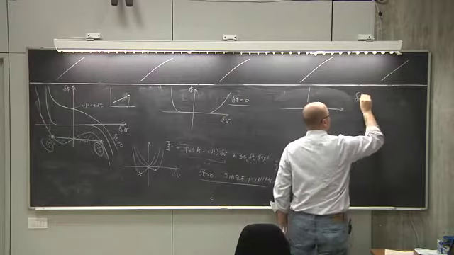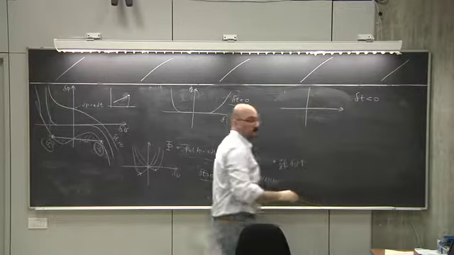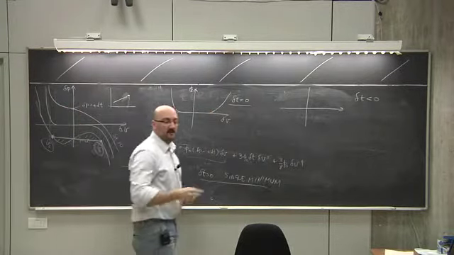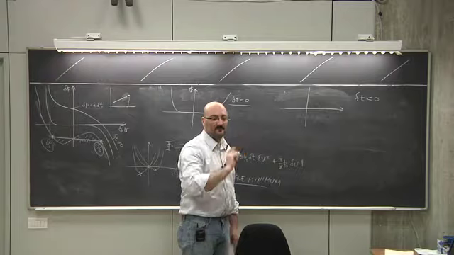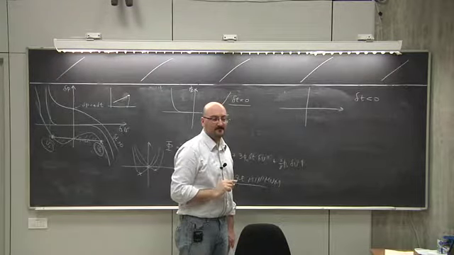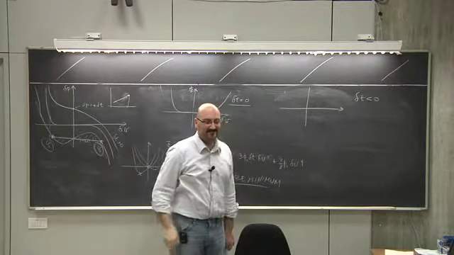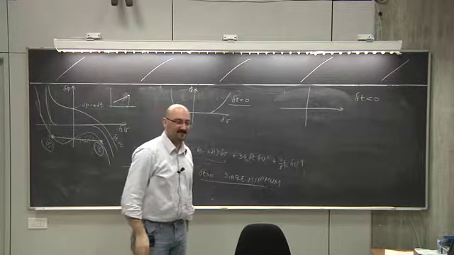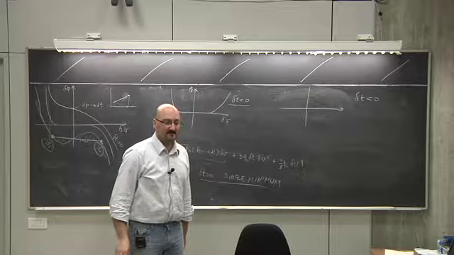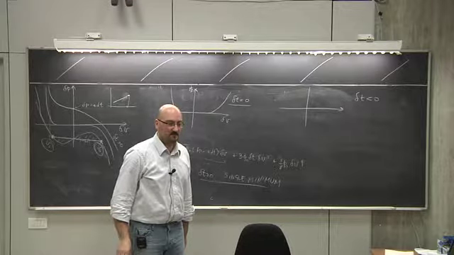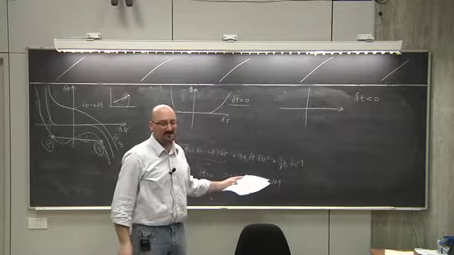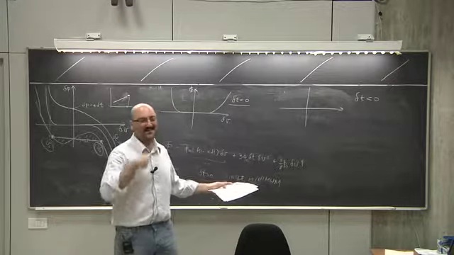If delta t is less than 0, how should I draw this function? What do you think? That's the question I'm asking you.